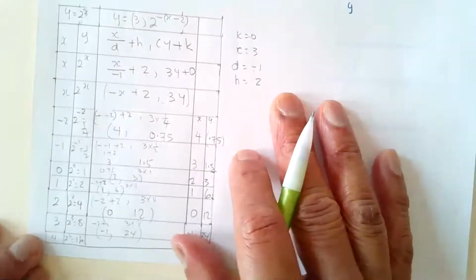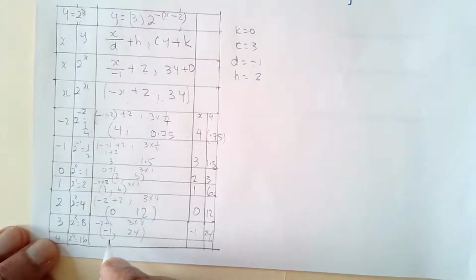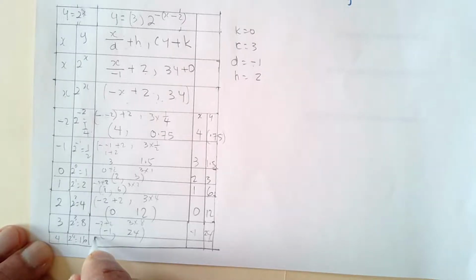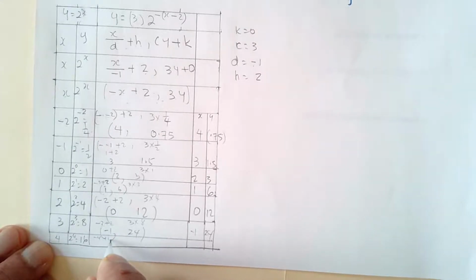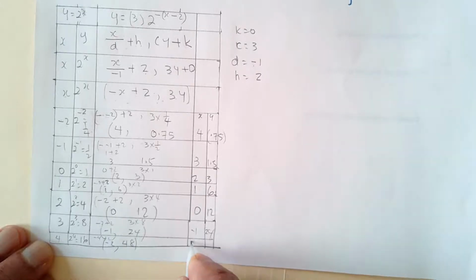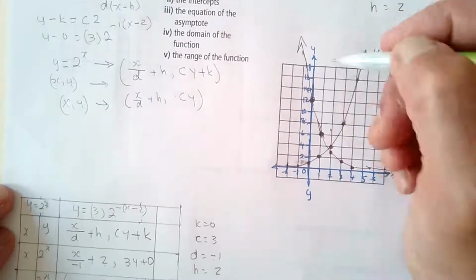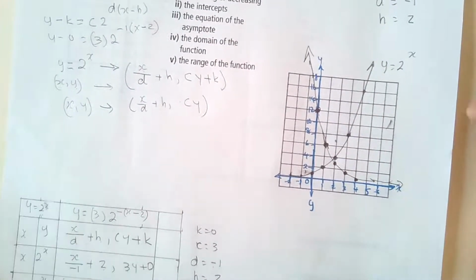Now, the last one is way off my scale, but I will just continue with -4 plus 2 gives me -2. And maybe 16 times 3, which gives me 48. Now, my graph doesn't go that far.